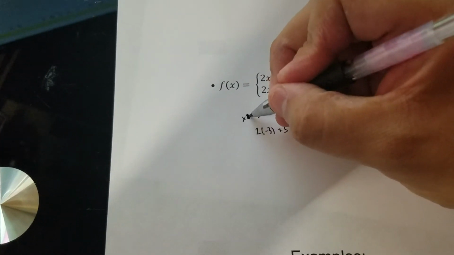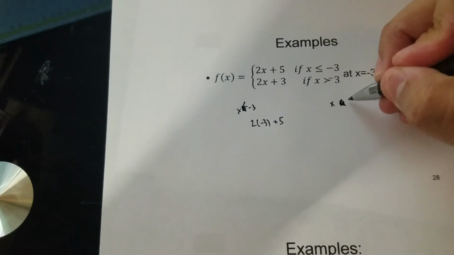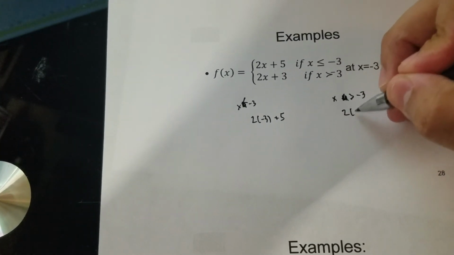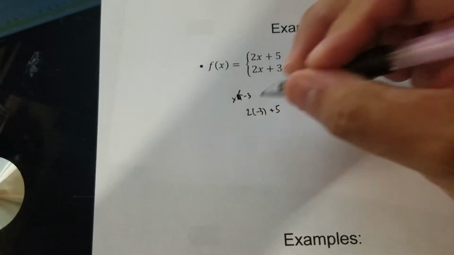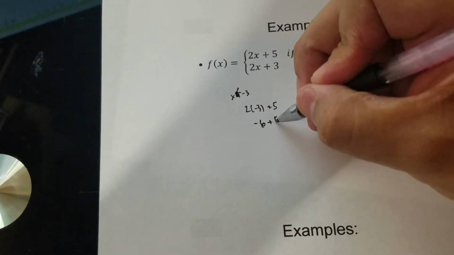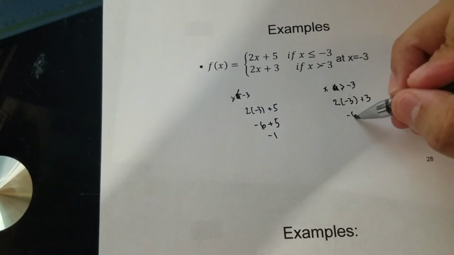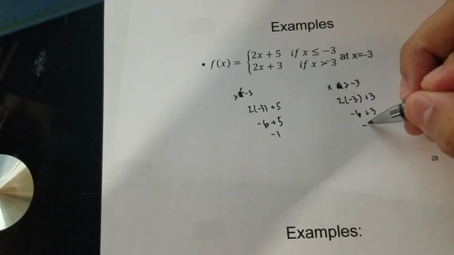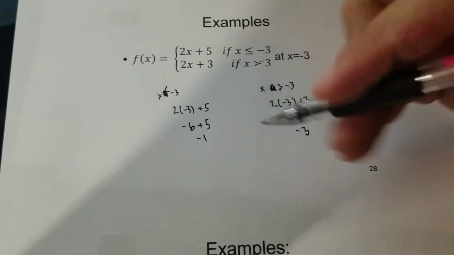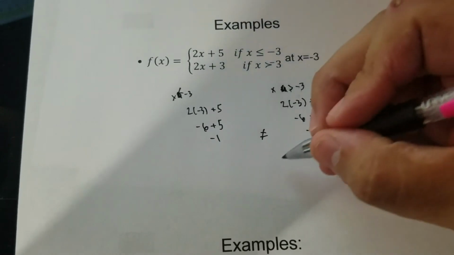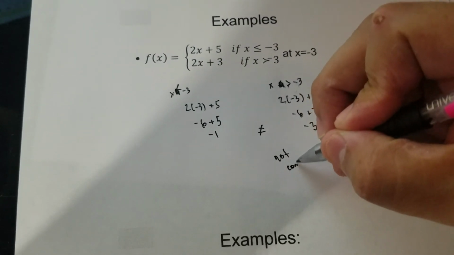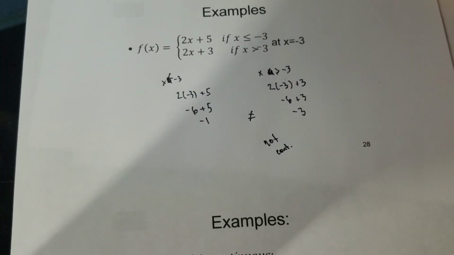No, this is the other way around, sorry. So 2 times negative 3 is negative 6 plus 5, which is negative 1. Negative 6 plus 3, which is negative 3. So here, these two numbers are not equal, so this is not continuous. Okay, it's easy as that.